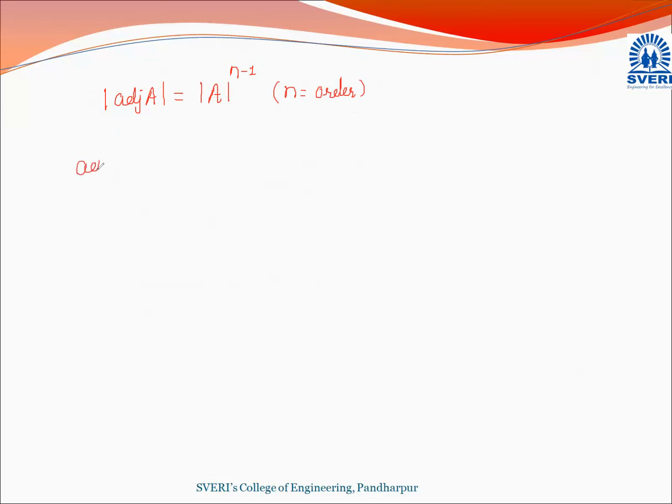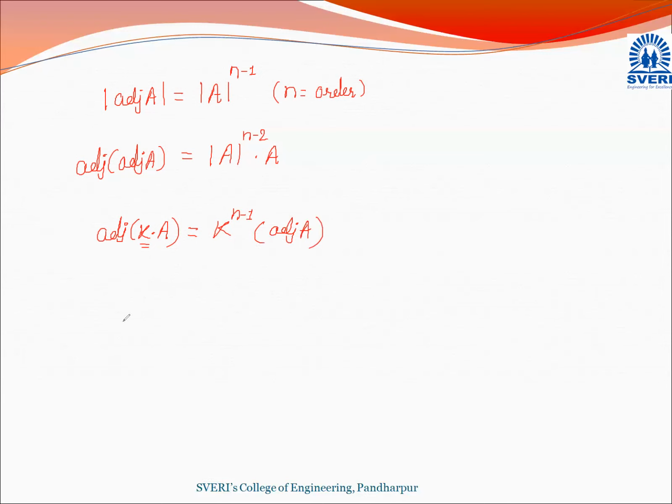Then second, adjoint of adjoint of A is equal to determinant of A raised to n minus 2 into matrix A. The next, adjoint of K into A, where K is any non-zero element, is equal to K raised to n minus 1 into adjoint of A.